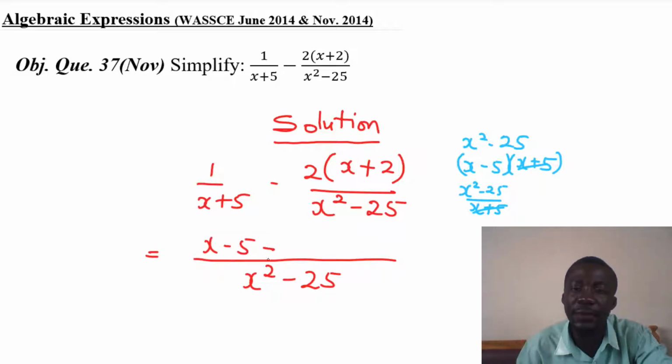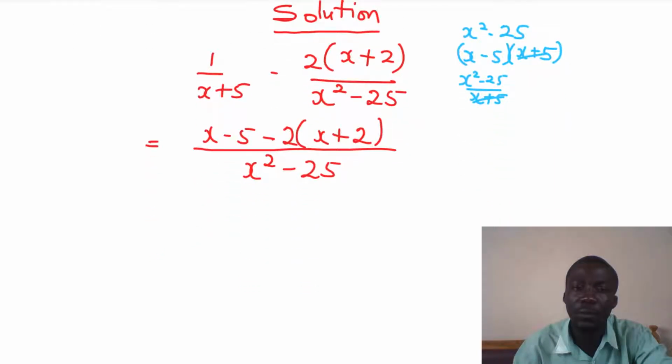Then our negative sign will come. Then x squared minus 25 goes into x squared minus 25. It's 1. So that 1 multiplying 2 into bracket x plus 2, we are going to get 2 into bracket x plus 2. Then we simplify the numerator, which we have x minus 5 minus 2 into bracket x plus 2.